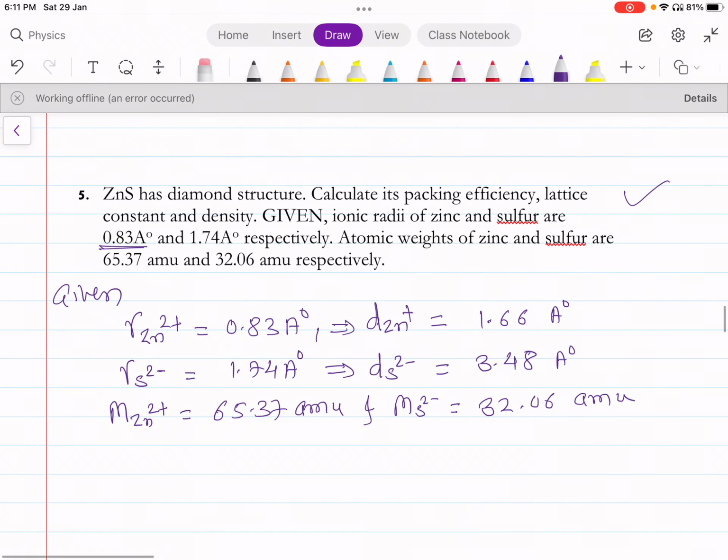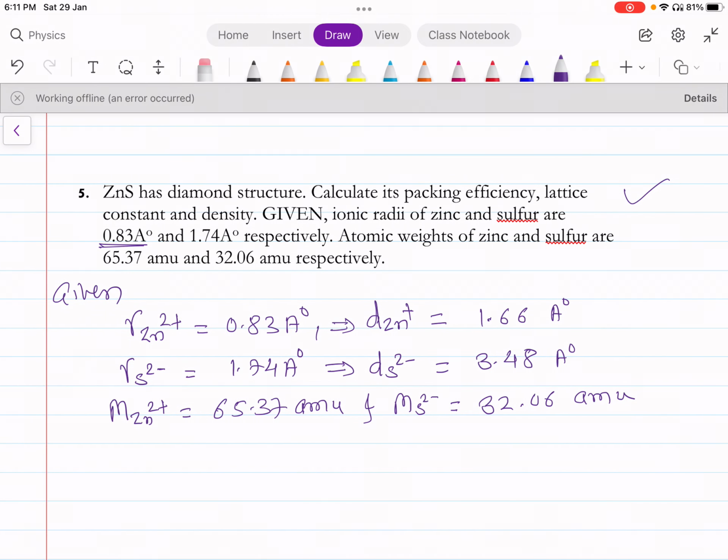Now, when it is a kind of diamond structure, we know that basis ions or atoms are in contact with each other along quarter way along the body diagonal. So quarter of body diagonal is root 3 a by 4. And along this distance, these two ions are in contact with each other.